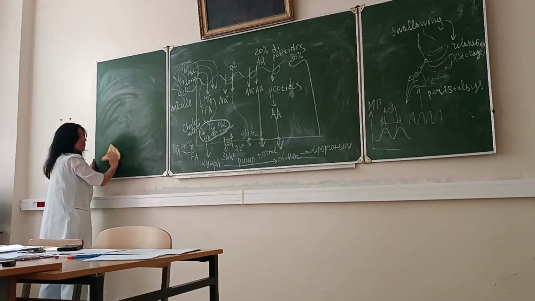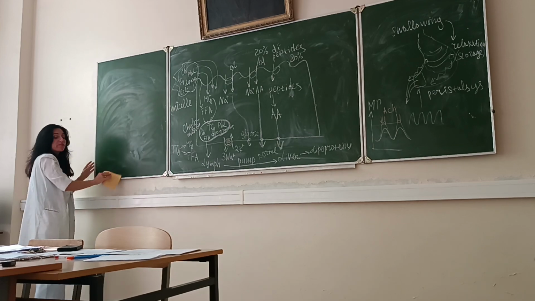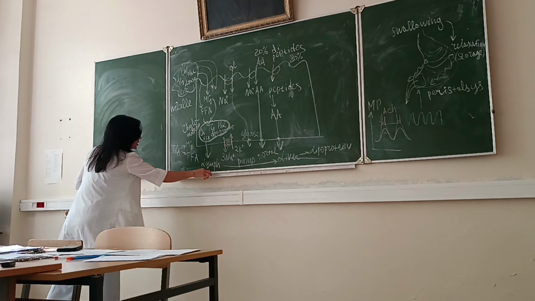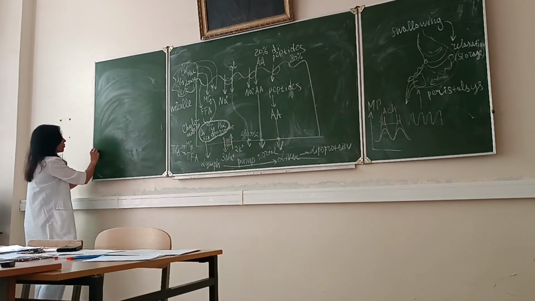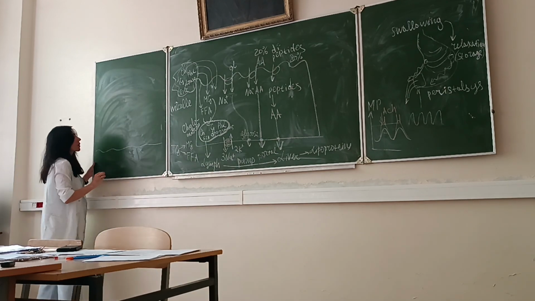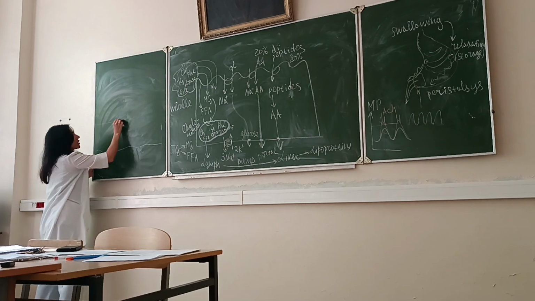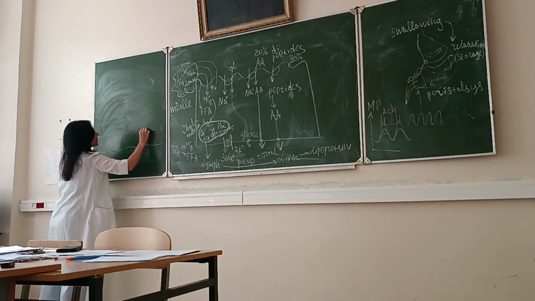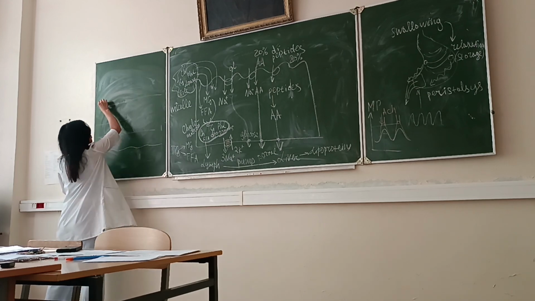Local reflexes providing peristalsis prevail in the intestine. Small intestine, large intestine: mucosa, layer of circular muscles, layer of longitudinal muscles.